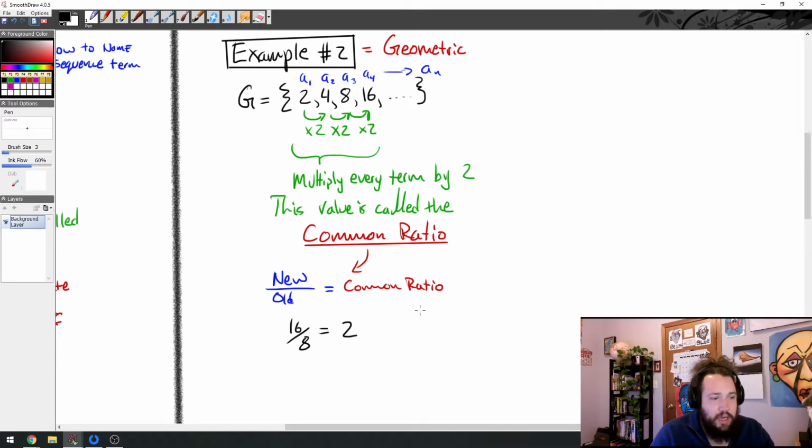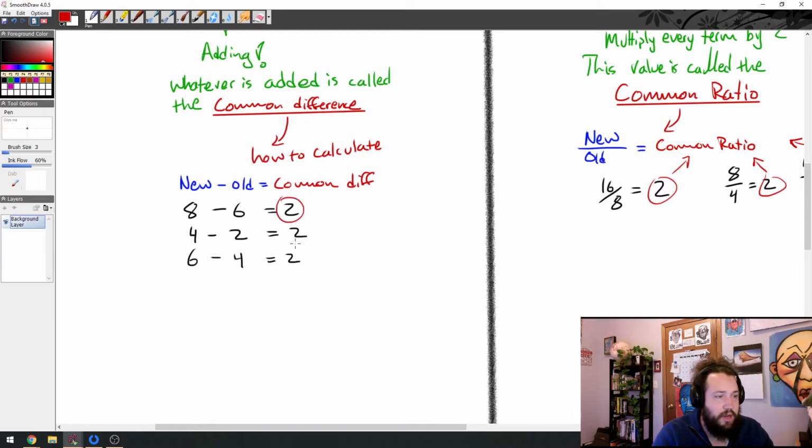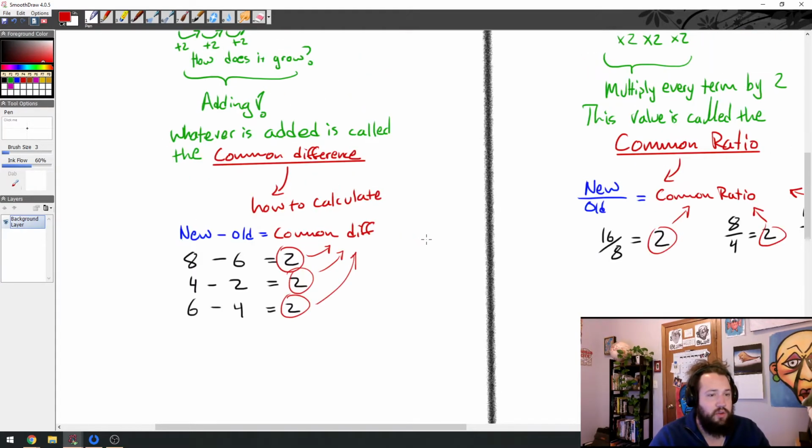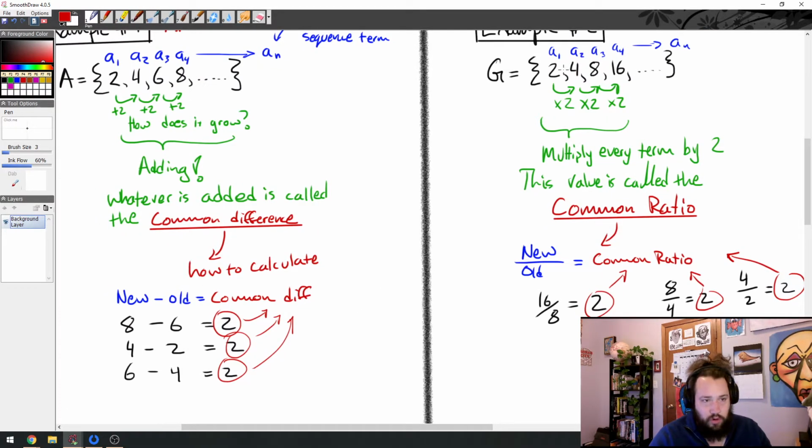Or 8 divided by 4 equals 2. Or 4 divided by 2 equals 2. So here I find my common ratio by dividing, and here I'd find my common difference by subtracting. So that's one of the ways you can find the difference between your terms in a sequence.